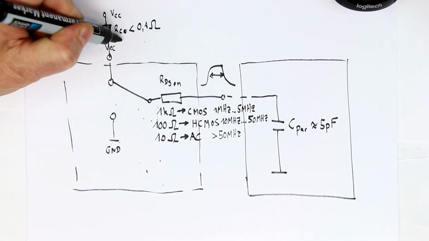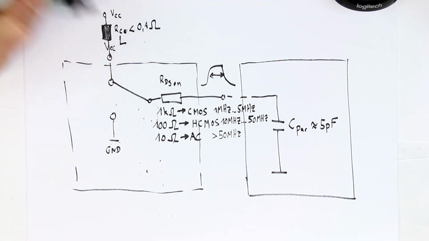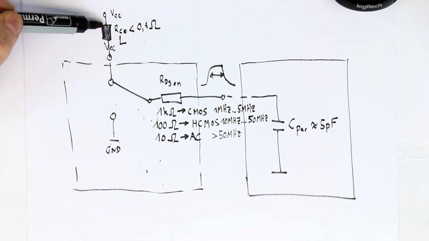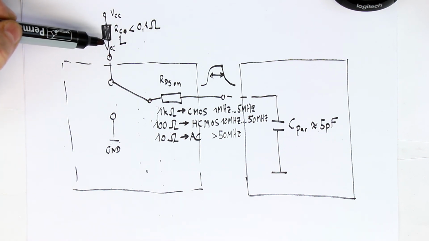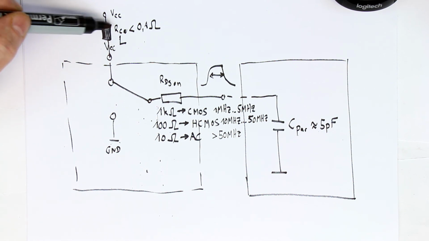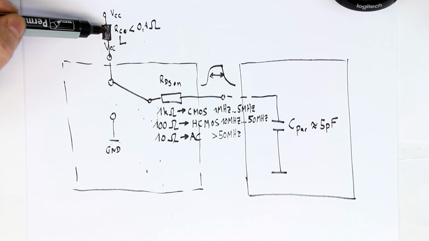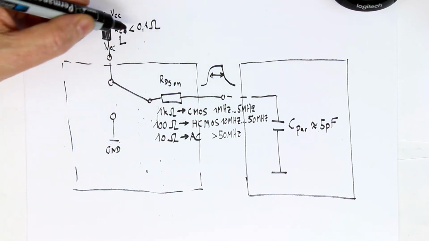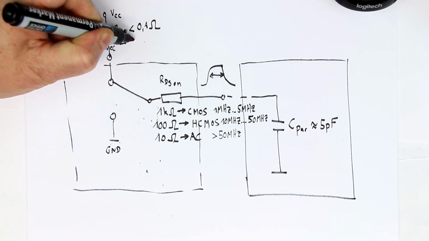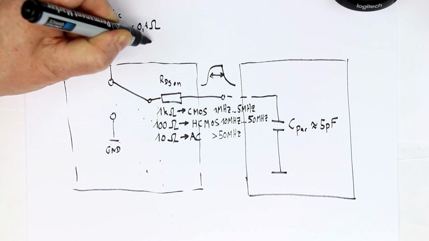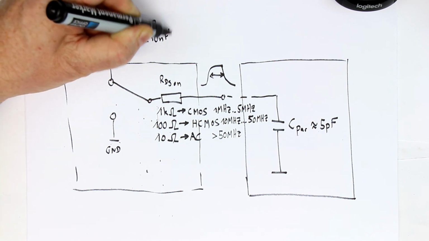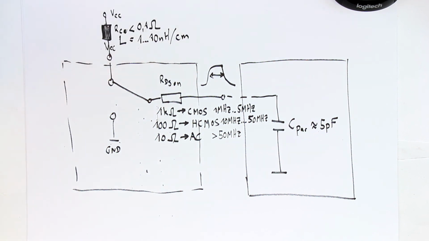Depending on how you lay out your PCB, if you have a ground plane or not, and what the width of your PCB trace is and what the length is, the inductance can be between 1 and 10 nanohenries per centimeter.